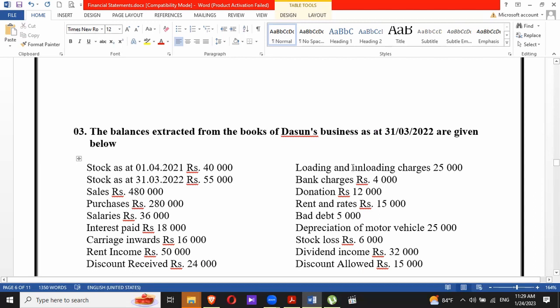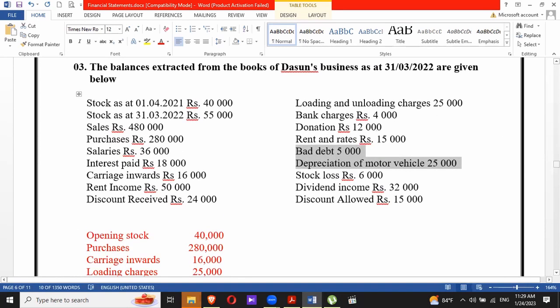Bank charges, no. That's a financial. Donation, other, rent and rate, no. Bad debt comes under distribution, and depreciation of motor vehicle also comes under distribution, right? Only that, right?